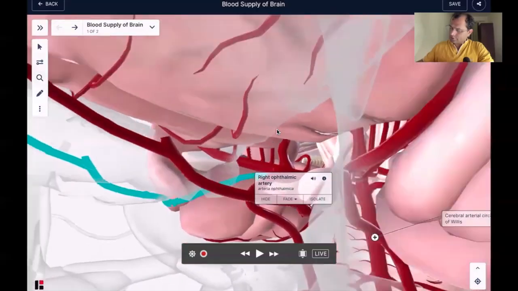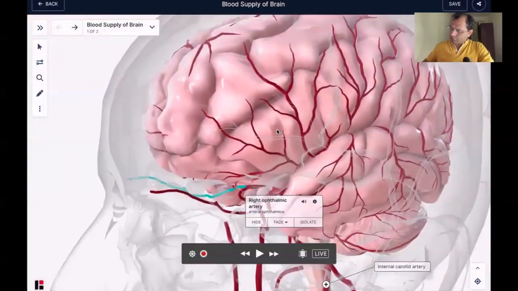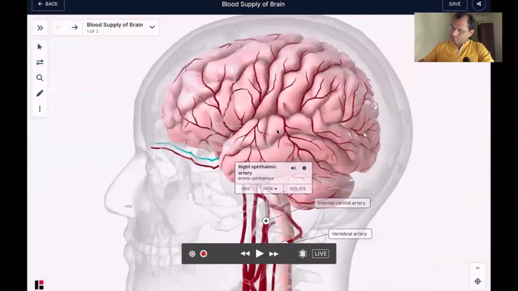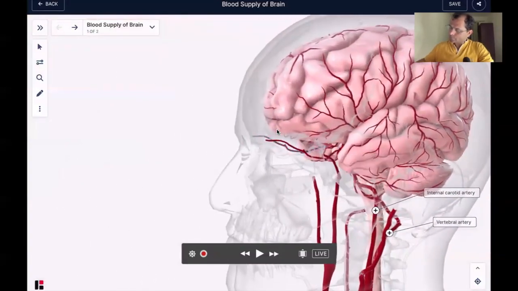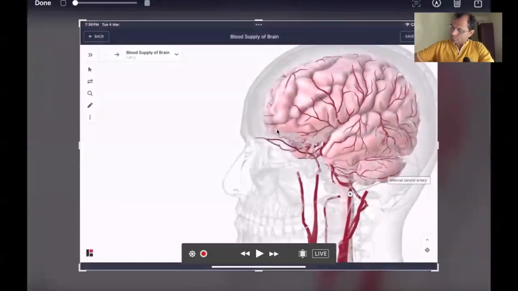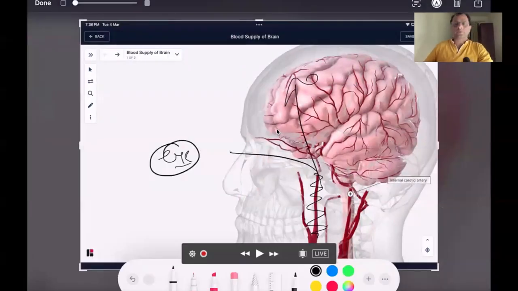So now look at here. So from here if you see, so when the internal carotid artery coming up, one branch going to the eyes, one branch going in the front part of the brain, one part going in the middle part of the brain, mainly three branches.